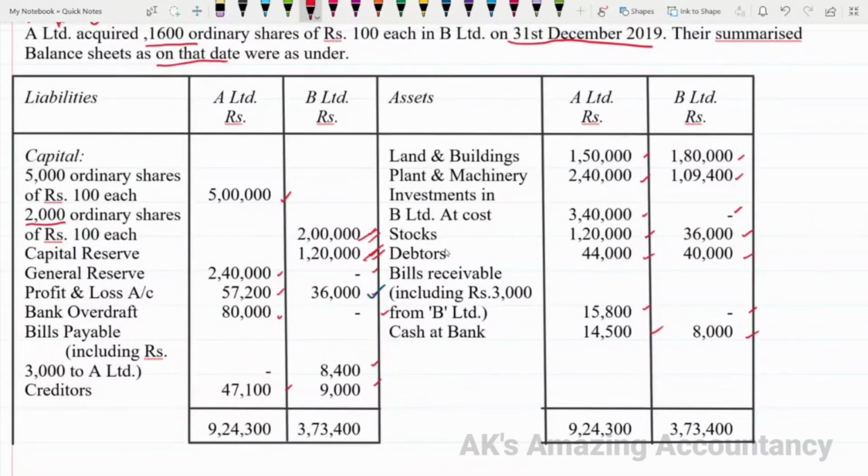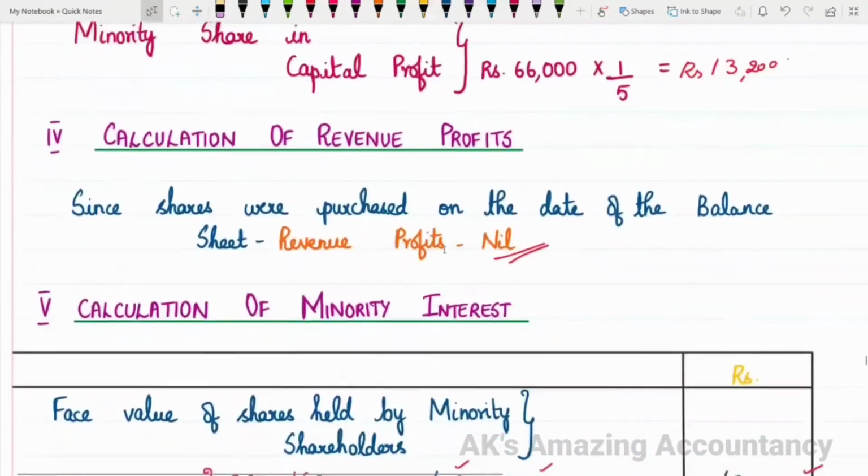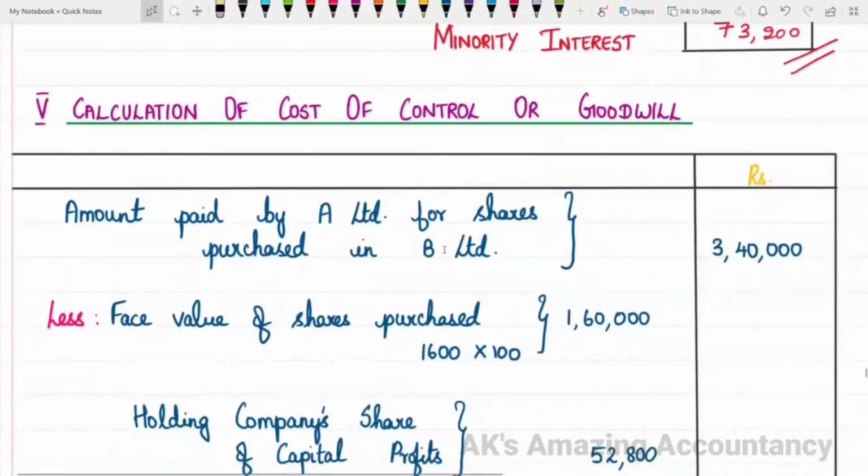So this is the amount paid by A Limited for shares purchased in B Limited. It is 3,40,000. Okay, so let us enter that.